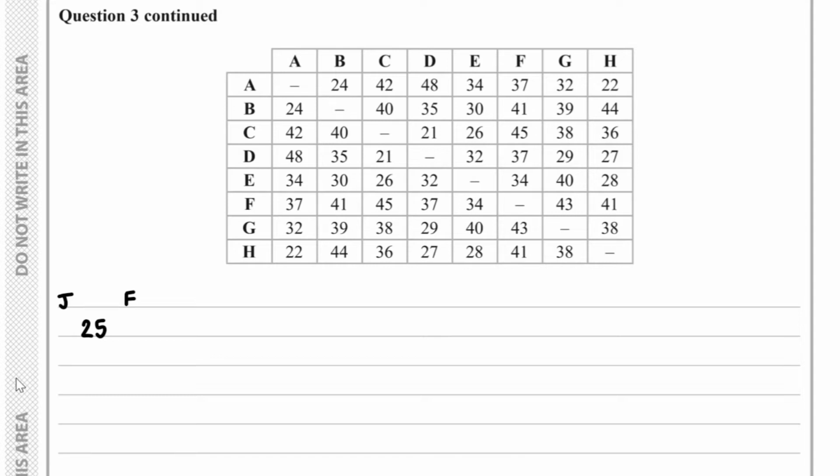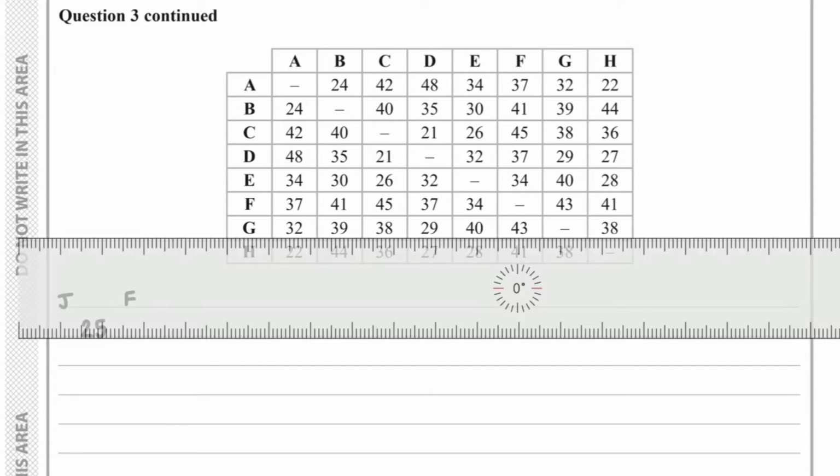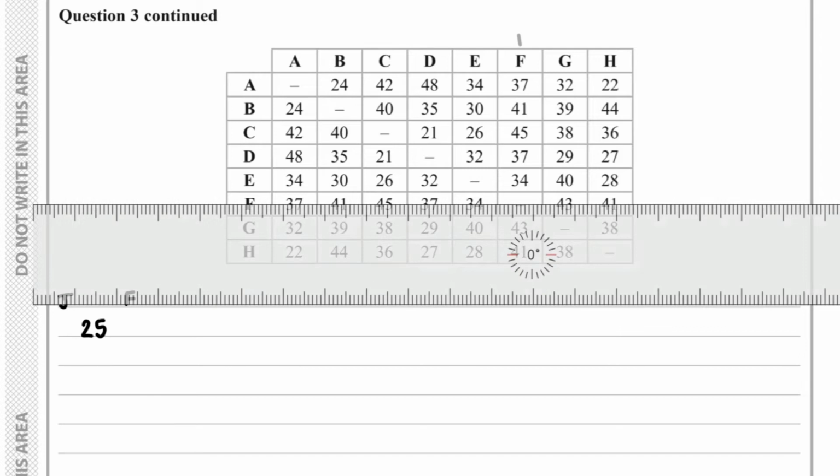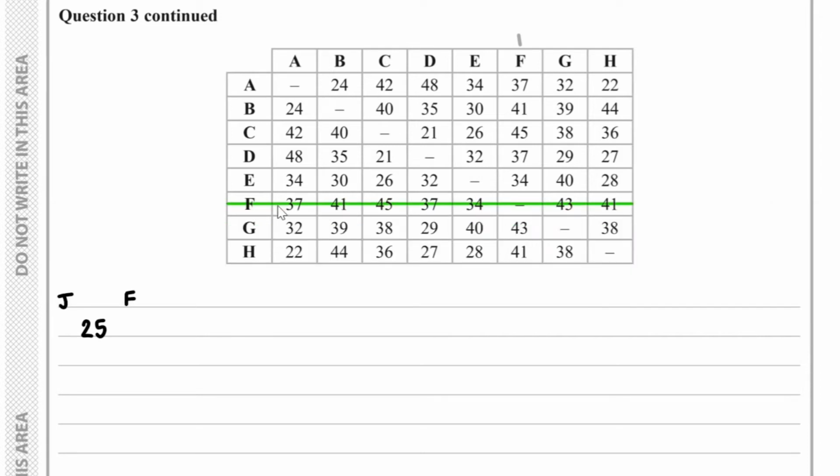Now we need to obtain an upper bound. So we are at F and we assign a number 1 down column F, and then we delete row F. And then, just looking down F, the smallest entry is 34 here.